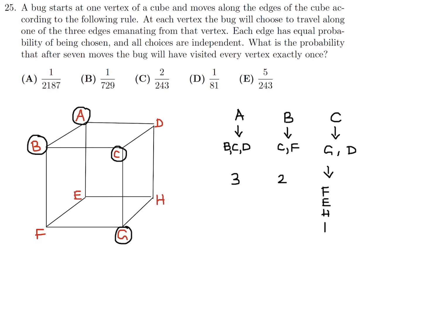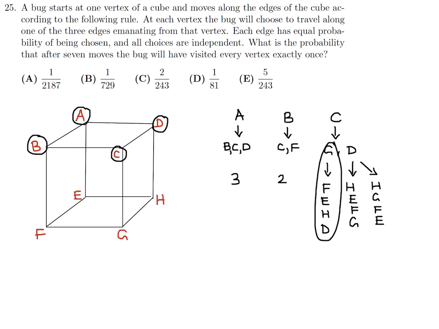All right? Now, when I go to D, let's say I chose to go to D here. So now I'm going here. If I go there, then I've got 2 possible ways of moving in order to reach all the vertices. One path is H, E, F, G, and the other path is H, G, F, E. So as you can see from C, there's really only 3 possible paths.